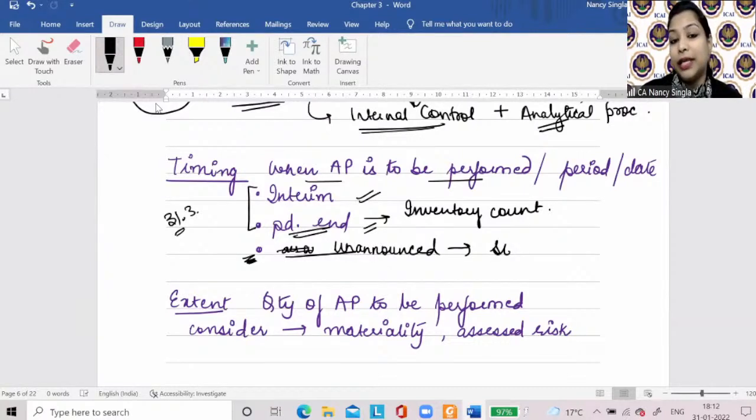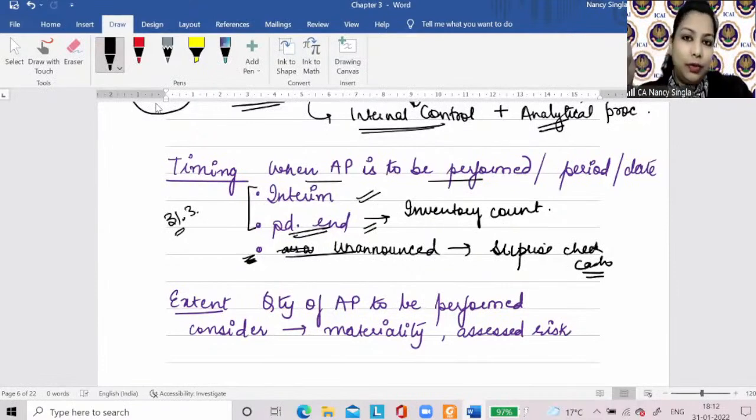Your surprise check of cash. Ria has given the example of cash balance. So an unannounced date can also come, whereby the auditor may, at any random date, check the cash balances without informing the organization that on this date we are going to check the cash balances.